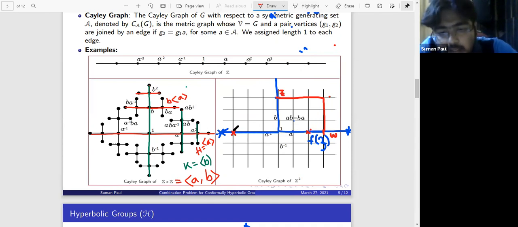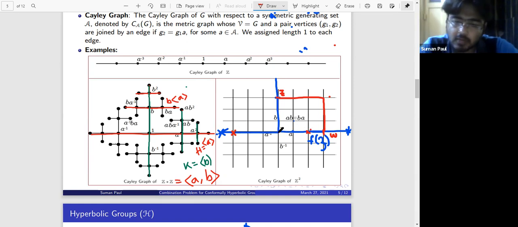Then there is no geodesic which is far away from 1, because every geodesic between these points passes through 1.